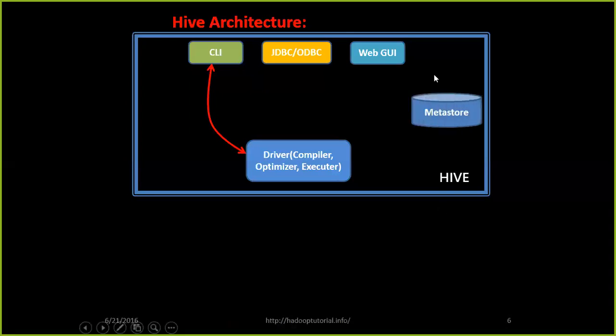Okay, so this metastore is just to maintain the metadata of your tables. If I want to know how many tables are there in Hive, what their table names are, and what the columns in each table are, that is only metadata. Metadata means the list of databases you have in Hive, the list of tables, the list of column names and their data types in each table, and where its actual data is located, that path.